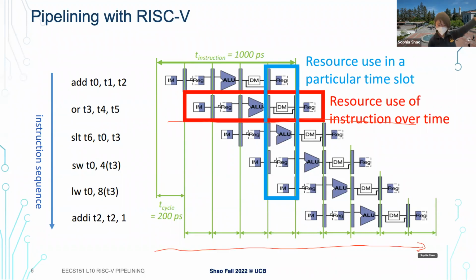This is our time, so I'm progressing over time, and horizontally I see what different components are used. For each given cycle, you look vertically, and I see what resources are involved in that cycle. So there are 2 views: one is over time, the components used for each instruction; the other is for a particular slot, what components are used in executing.